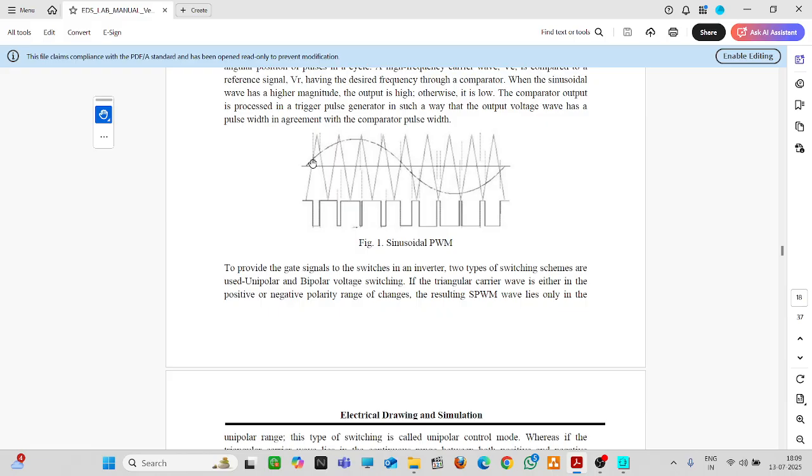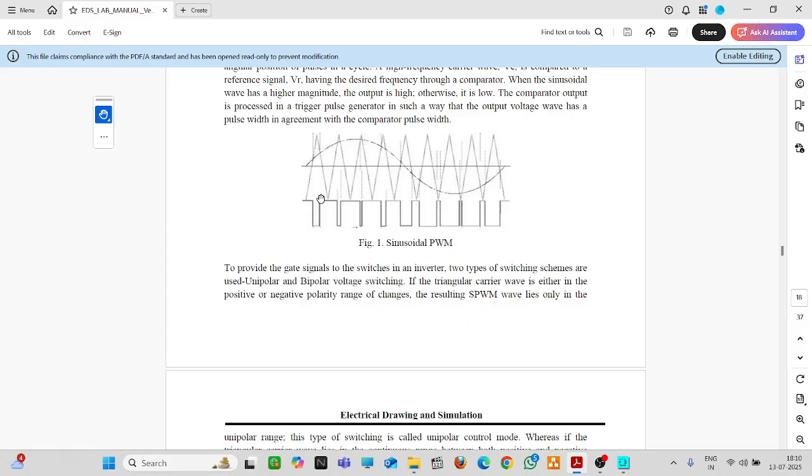The first one is a sinusoidal waveform, and the second one is the triangular waveform, or you can say it is a carrier waveform. Now, as you can see, the sinusoidal waveform will be having an amplitude of 1 per unit. It means that the peak value is of plus 1 and the negative peak is of minus 1.